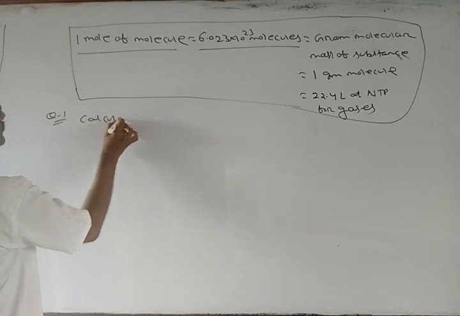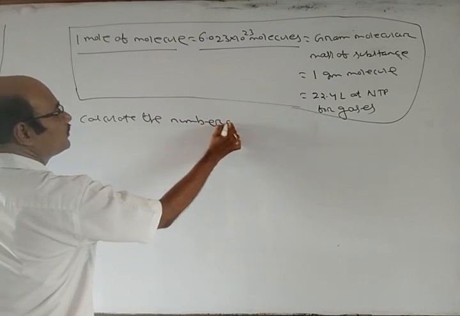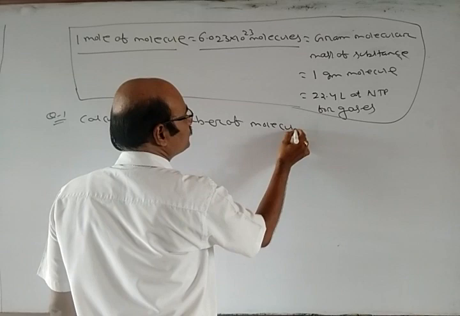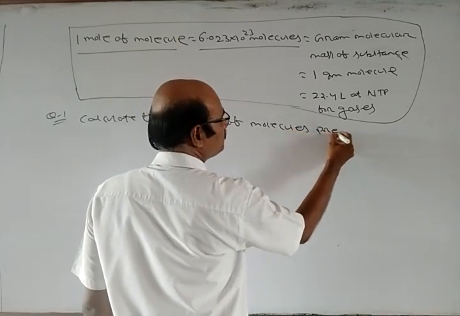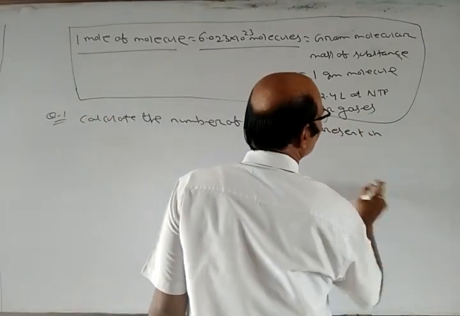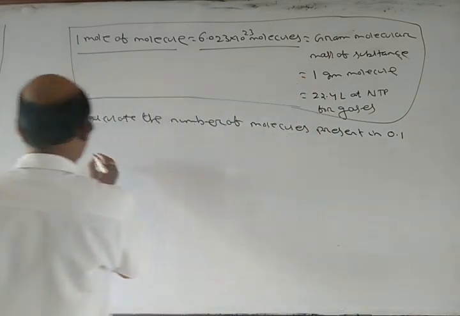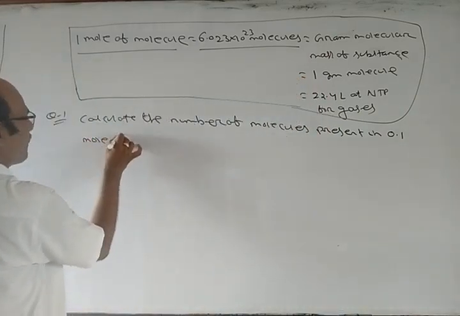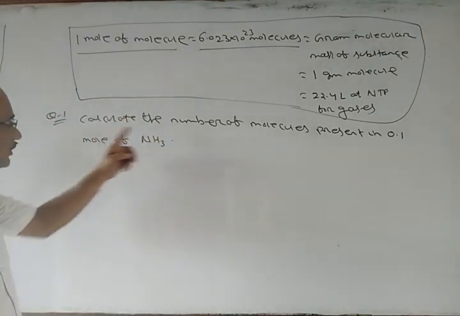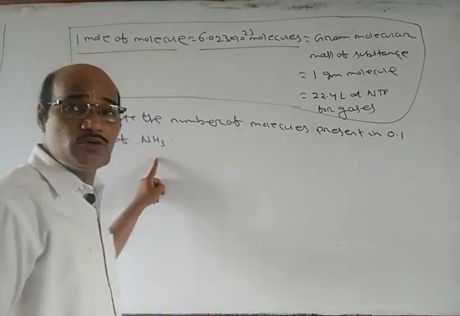Calculate the number of molecules present in 0.1 mole of ammonia. Calculate the number of molecules present in 0.1 mole of ammonia.